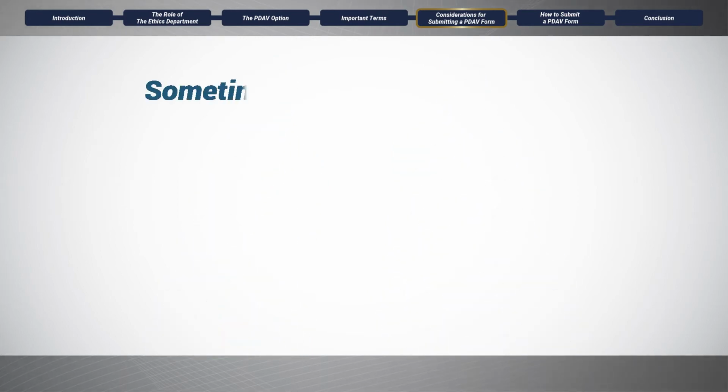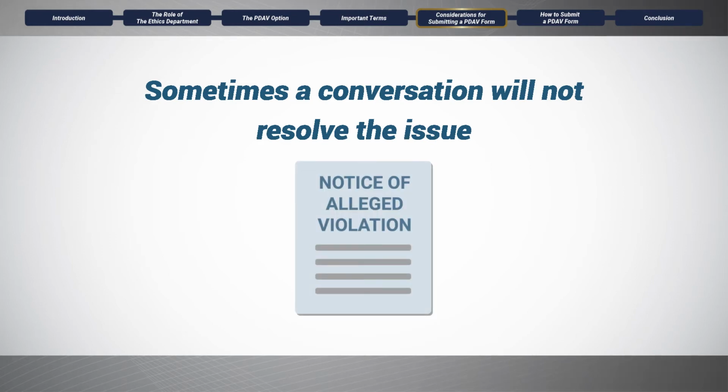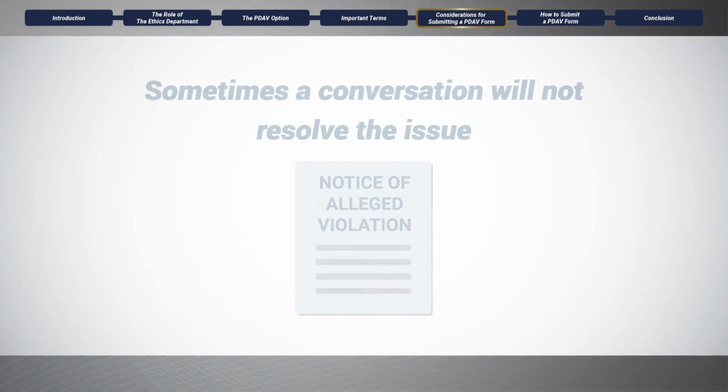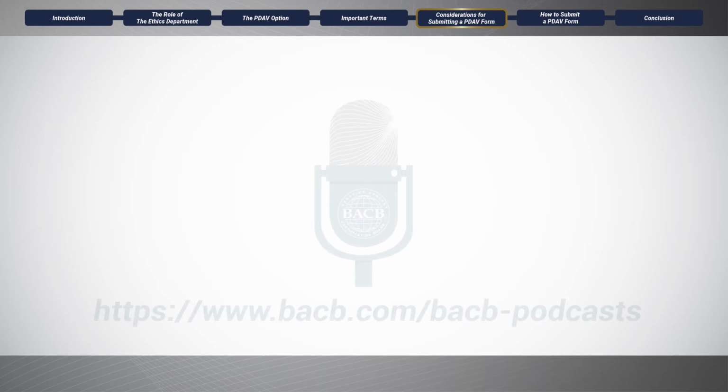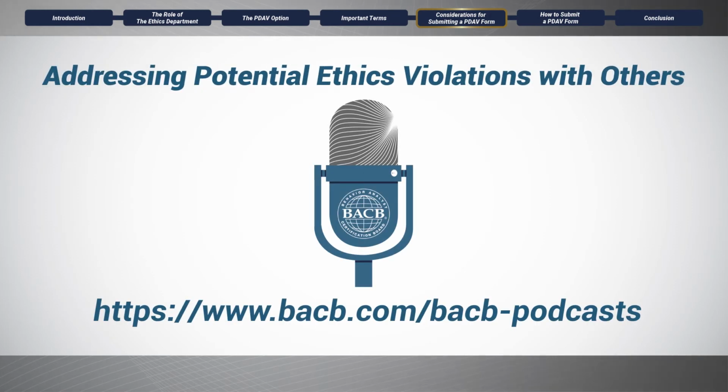However, sometimes a conversation will not resolve the issue, or it's just not feasible to address the situation directly. In those cases, submitting a notice is the correct route to take. For guidance on when and how to have these conversations, listen to our podcast episode, Addressing Potential Ethics Violations with Others. Find this episode on our Inside the BACB podcast webpage.